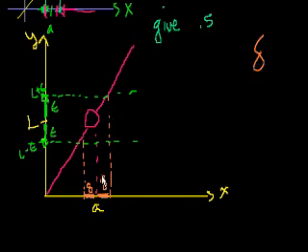As long as you pick an x that's within A plus delta and A minus delta, I can guarantee you that the corresponding f of x is going to be within your range. And if you think about it, this makes sense, right? It's essentially saying, I can get you as close as you want to this limit point, and you define what you want by giving me an epsilon.